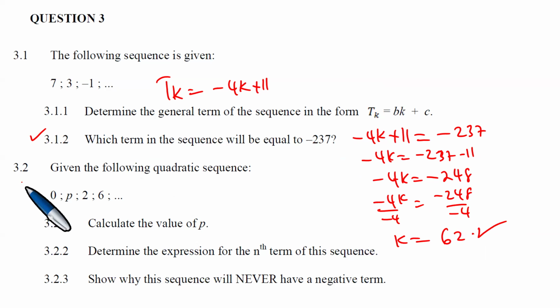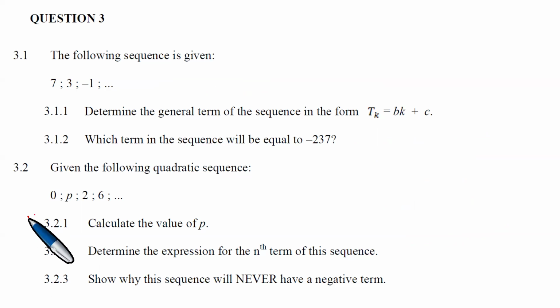Right, obviously in 3.2 now, given the following quadratic sequence, which is 0, p, 2, and 6, calculate the value of p. Okay, the quadratic sequence, what is the value of p? What is the first step here?